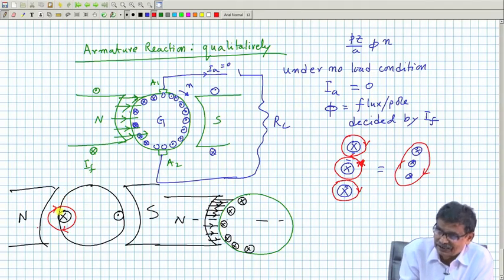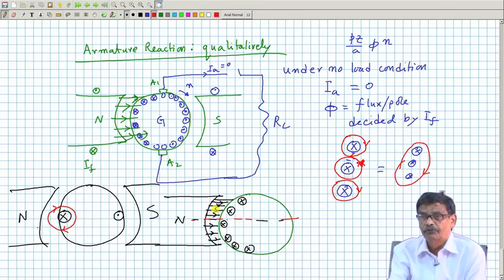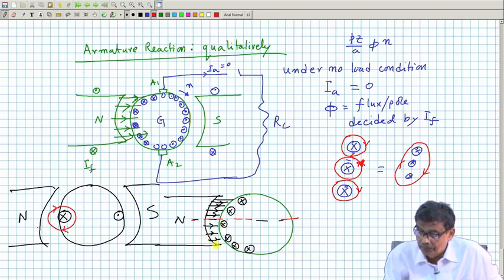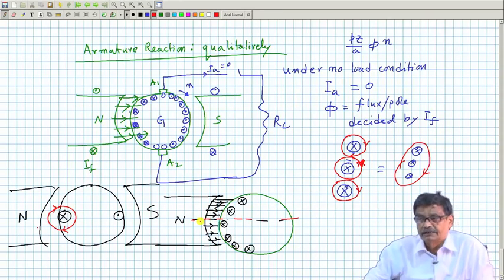That is what in effect I am telling. Therefore, in one half of the pole, the lines of force or the flux per pole will increase. In the other half of the pole, flux will decrease.